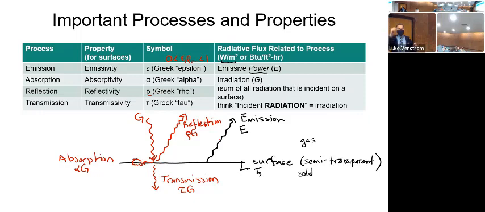When radiation is reflected, it's still photons, they just get redirected. They get sent off in some new direction. In transmission, the photons still exist. They pass through unaffected. That makes sense? So emission is the creation of photons. The only way that the photons can be terminated is through absorption.